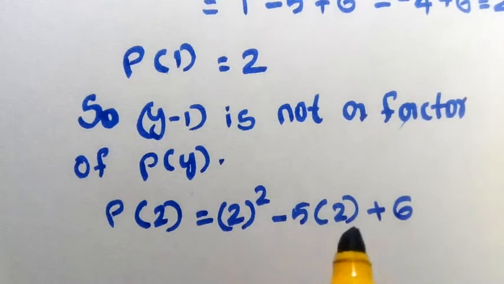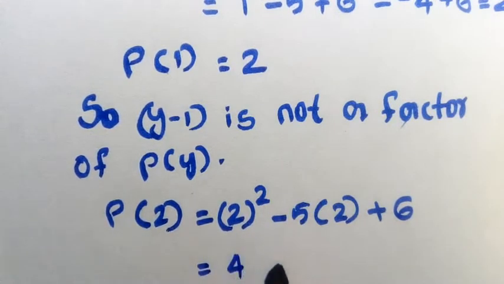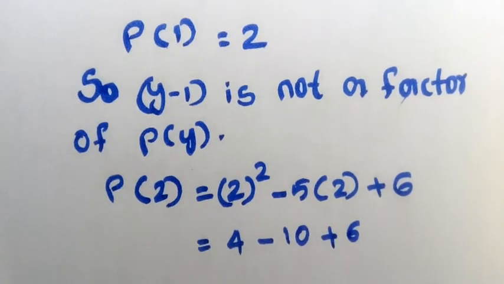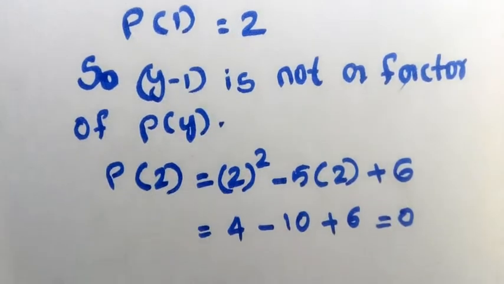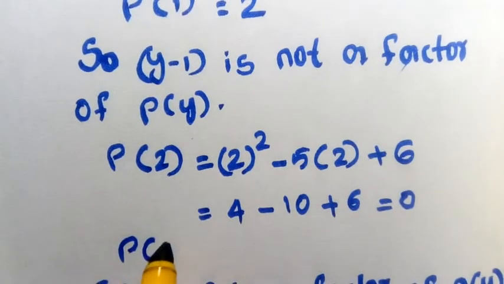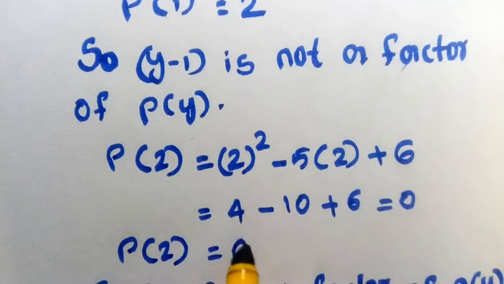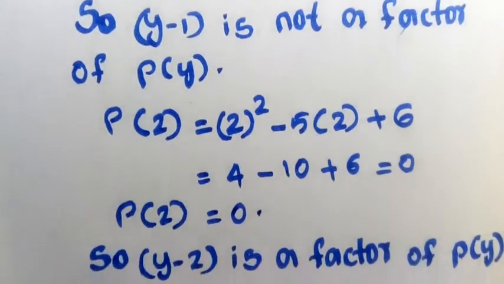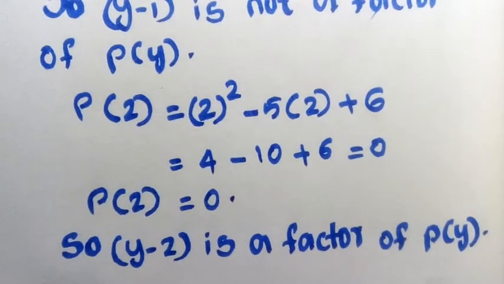Now, we need to solve it. 2 square is 4 minus 5 into 2 is 10 plus 6. 4 minus 10 is minus 6. Minus 6 plus 6 is equal to 0. So we got p of 2 is equal to 0. So y minus 2 is a factor of p of y.